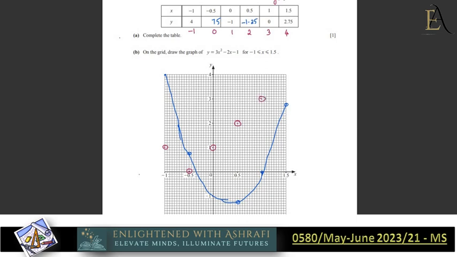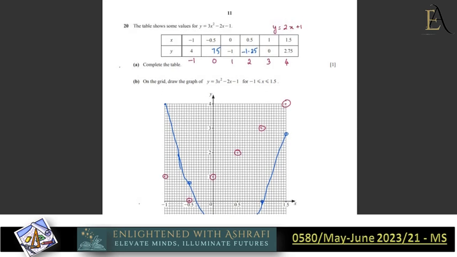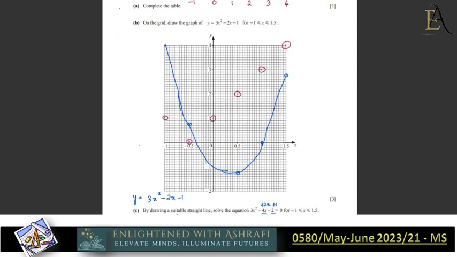We made a mistake somewhere over here, and this is 4. This is minus 1, minus 1. Minus 1 and 2 is minus 2, minus 2 plus 1 is minus 1. So this point is supposed to be over here, down. Minus 1.